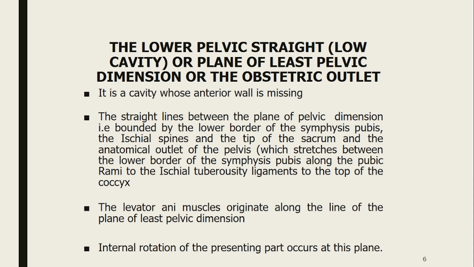The lower pelvic strait, or the plane of least pelvic dimension, or the obstetric outlet: these are the various names we call it. The obstetric outlet is a cavity whose anterior wall is missing.